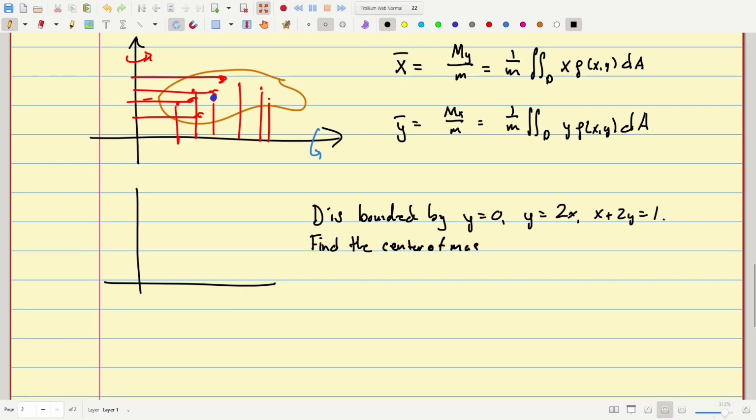We want to find the center of mass when the mass density function equals x.